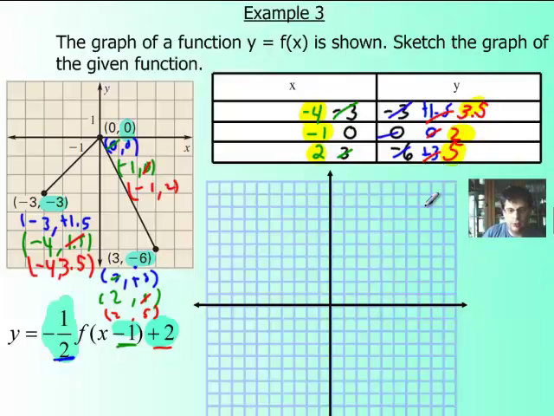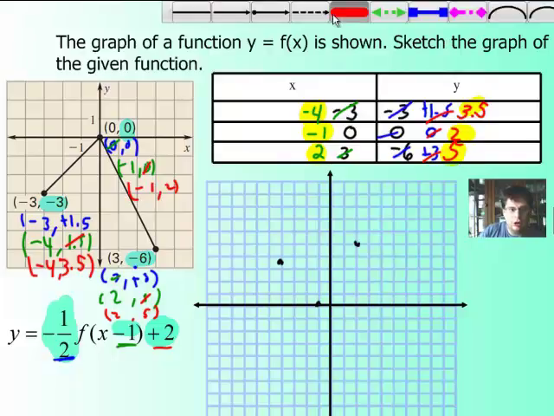All right, first point, -4, and 3.5. Then -1 and 0. So that's going to put us here. And then 2, 5. Okay.